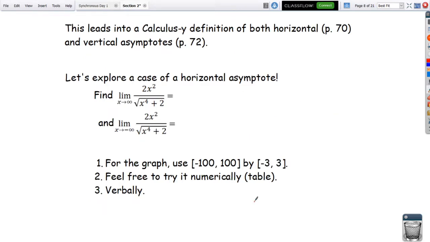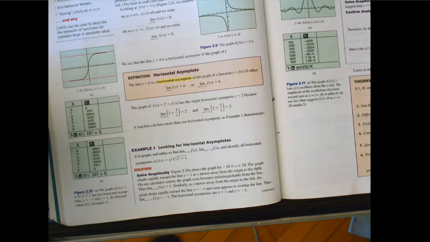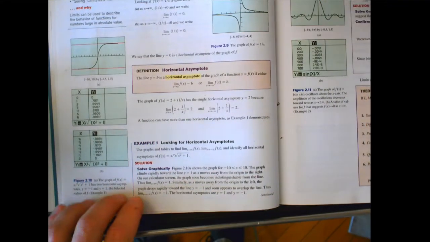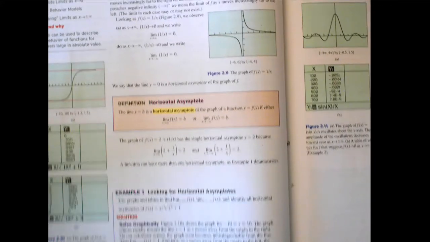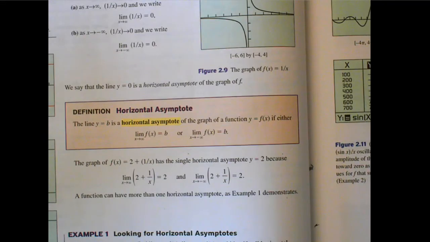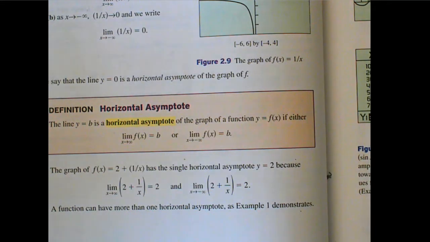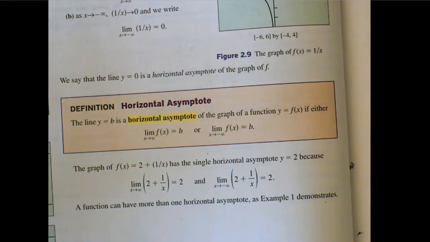All right, cool. This leads us to the calculusy definition of both horizontal and vertical asymptotes. Those are going to be in your book on page 70 and page 72. And just because I want to, I'm going to put those up here. So there's the technical definition of horizontal asymptote.